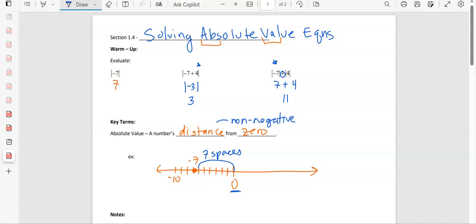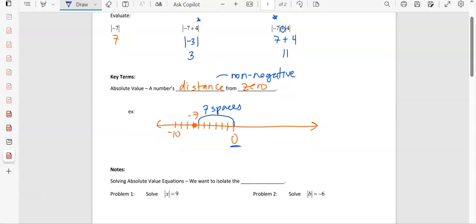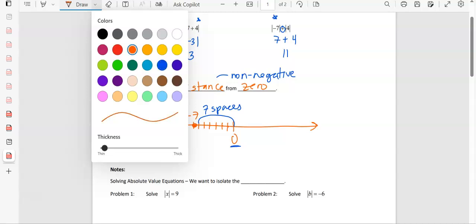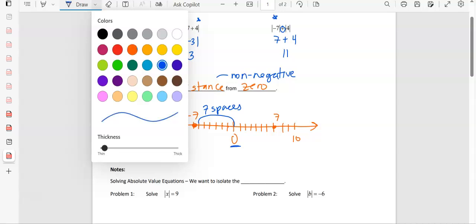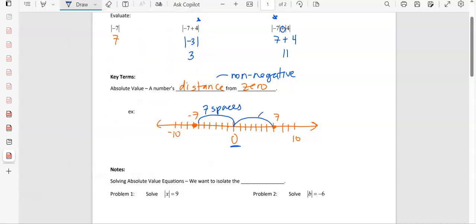Now, if we go back to our key term for a second, there's actually another number that is also 7 spaces away from 0, and that is +7. So here's +10, here's +7, and this is also 7 spaces away from 0.